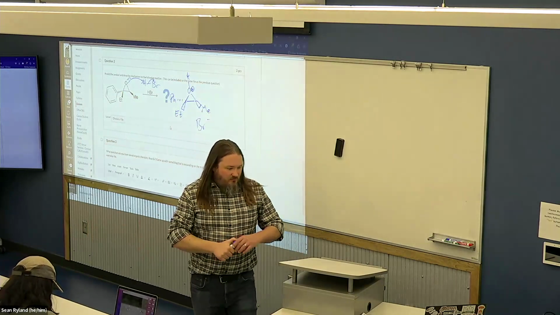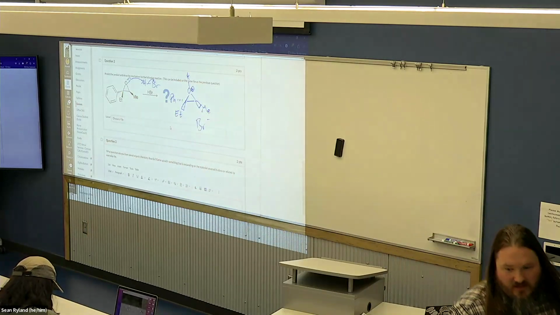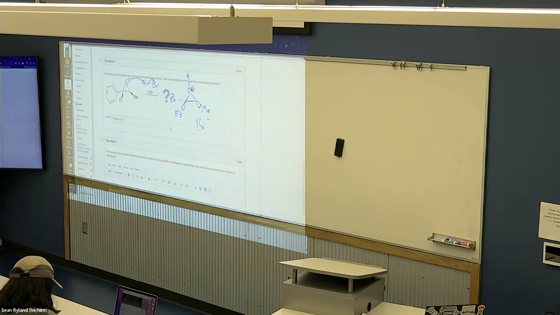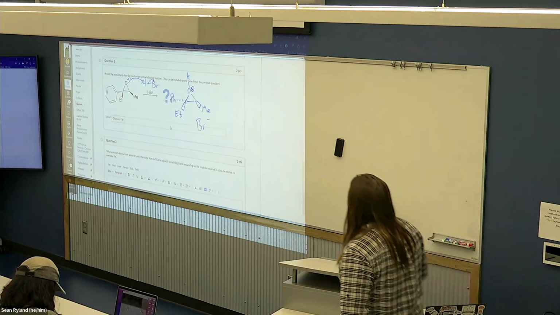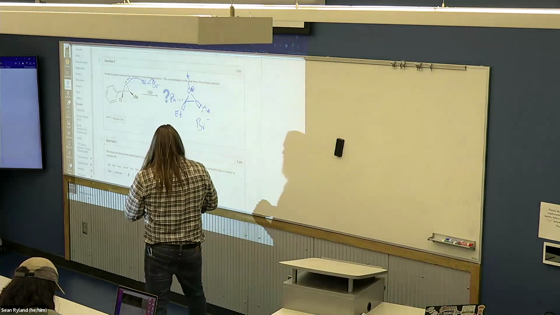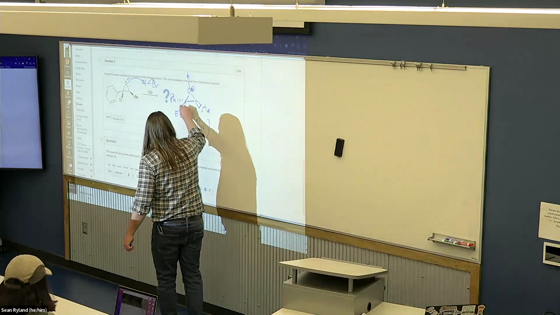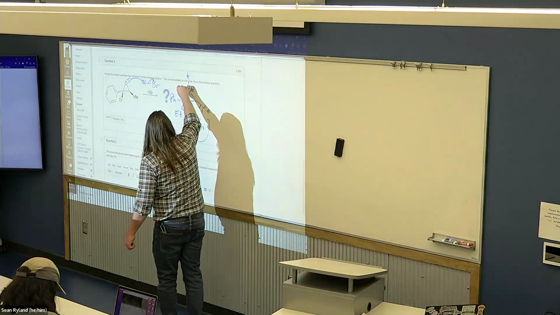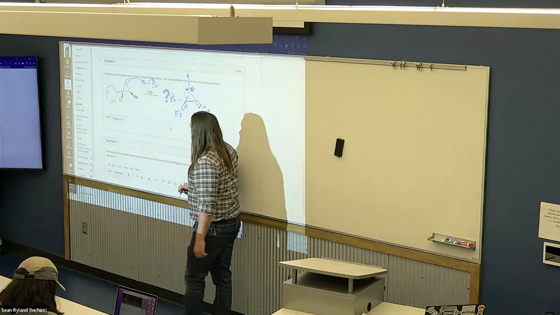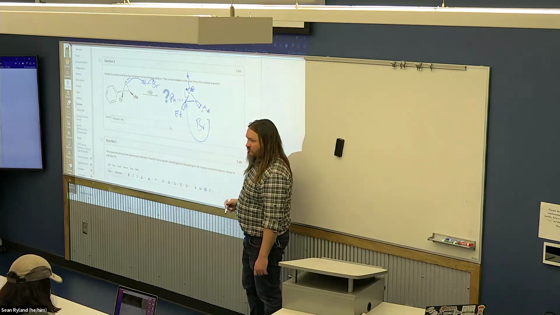So the bromine is then going to act as the nucleophile. And again, the bromide is going to wind up on the more substituted carbon. Just make sure you draw both of your arrows there.